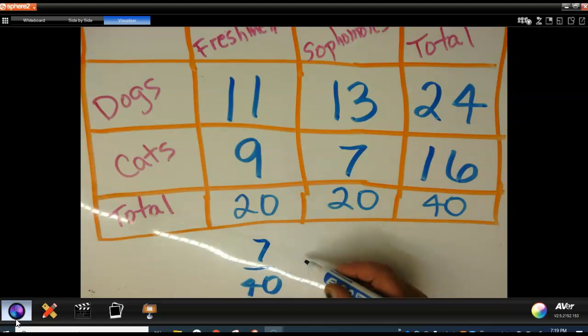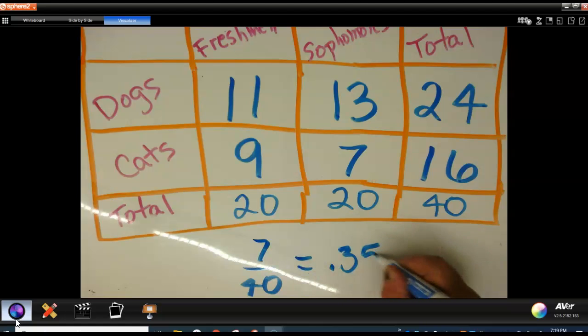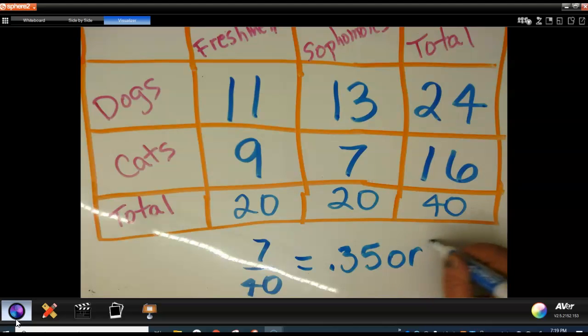So 7 divided by 40 equals 0.35 or 35%. All 3 of these answers are correct.